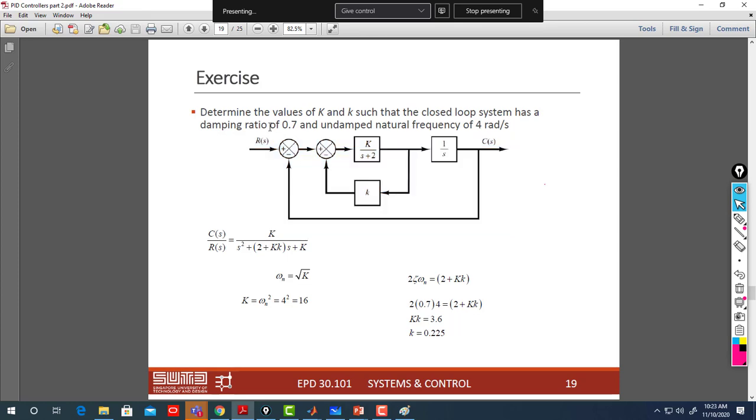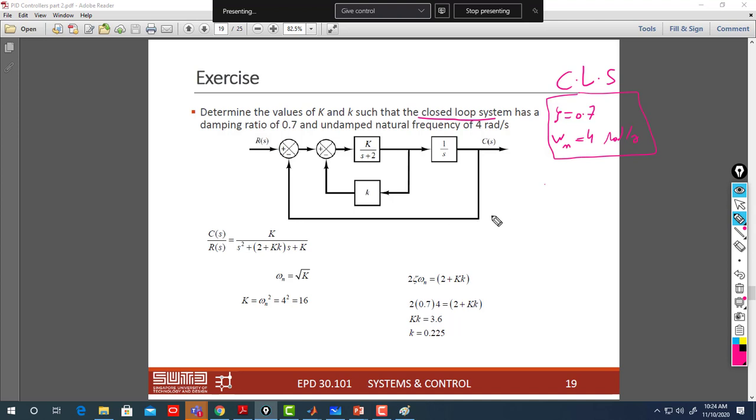Pay attention to the question: find the values such that the closed loop system has a damping ratio equal to 0.7 and natural frequency equal to 4 radian per second. Those are the characteristics of the closed loop system.